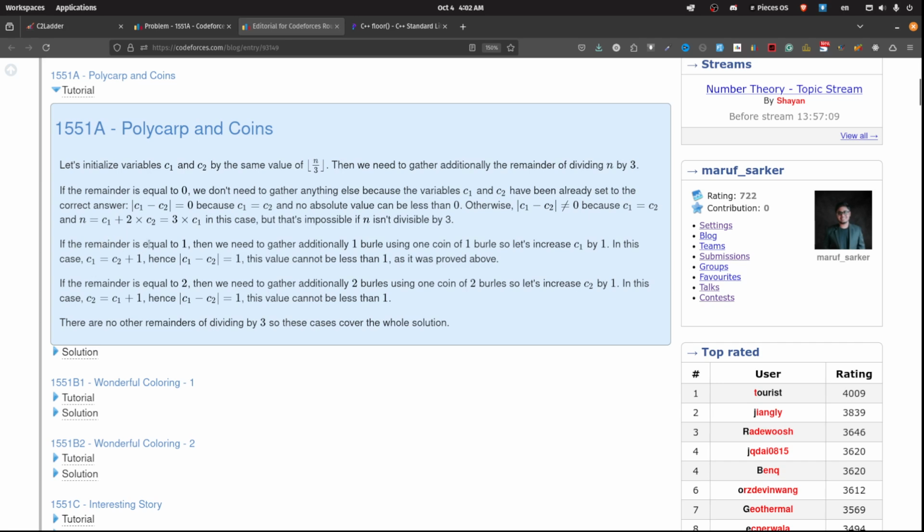If the remainder is equal to 1, then we need to gather additionally 1 barley using 1 coin for 1 barley. So let's increase c1 by 1: c1 is equal to c2 plus 1. And if the remainder is 2, then c2 is equal to c1 plus 1. Is this the mistake I did?